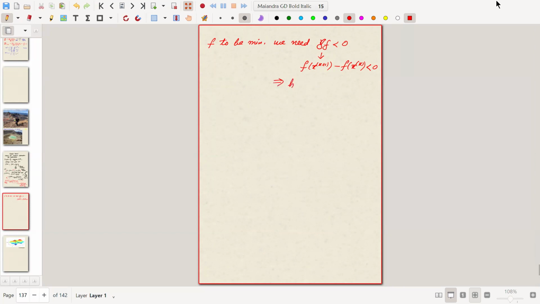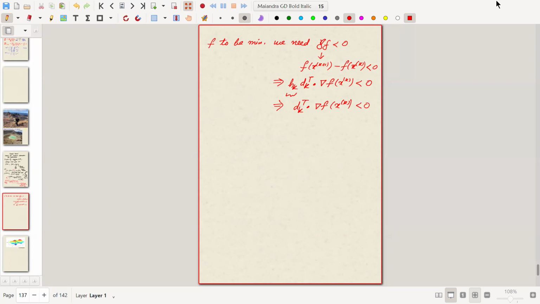This means hk dk transpose dot product with gradient of f at xk, times step size, is less than 0. Now h is your step size, which is a positive quantity. It can't be negative. So this implies dk transpose dot gradient of f at xk should be less than 0, isn't it?